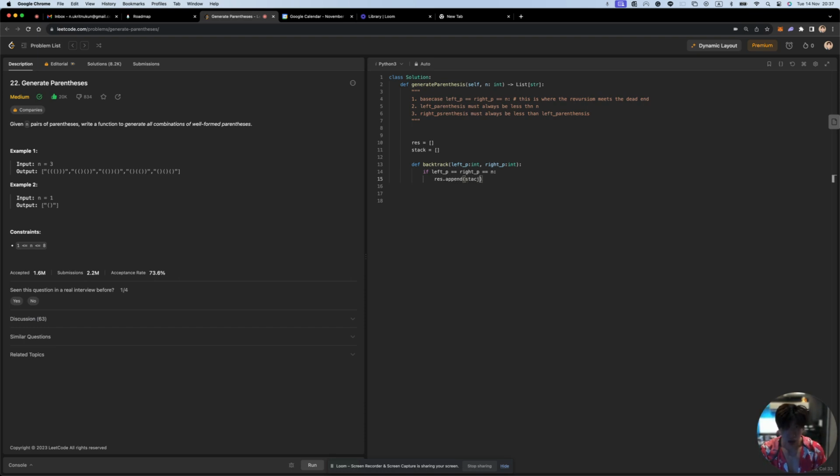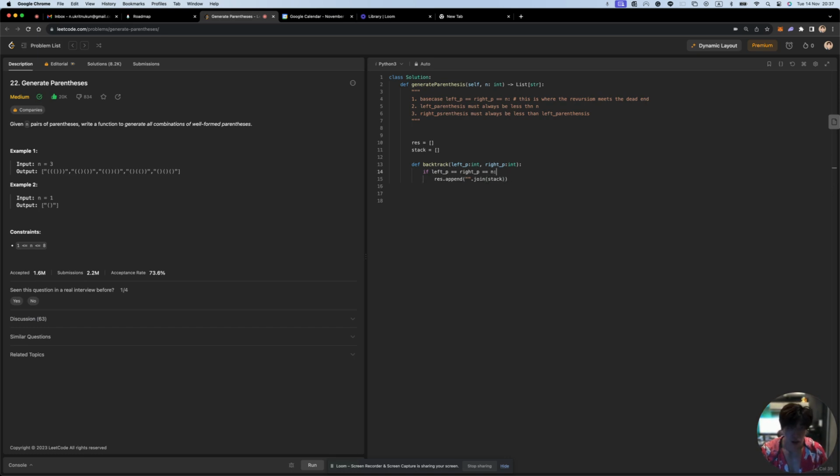So it's going to be rest.append, using the join function to join all the items inside the stack and combine them. So join stack.